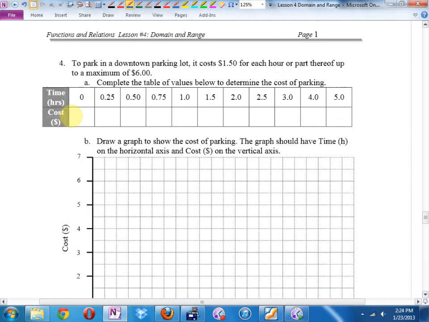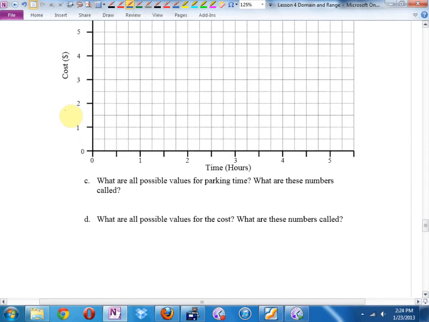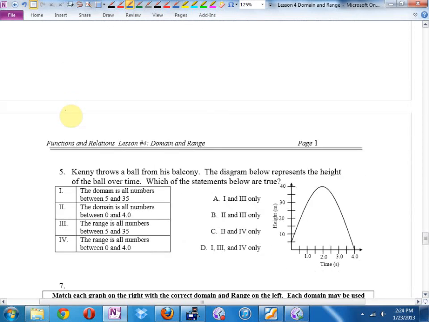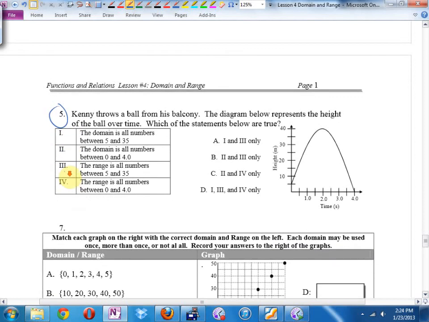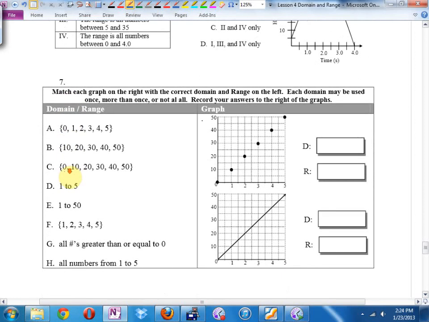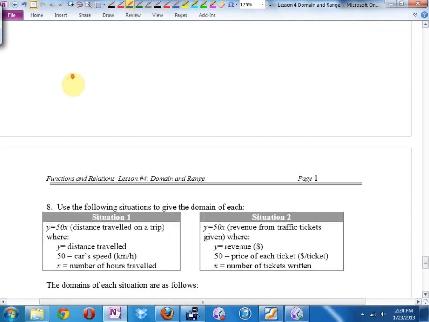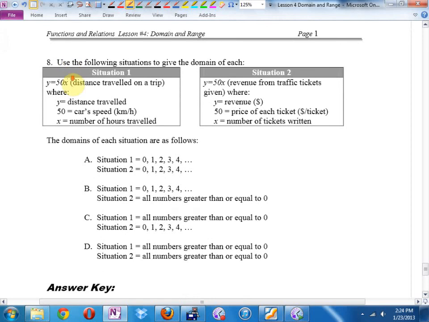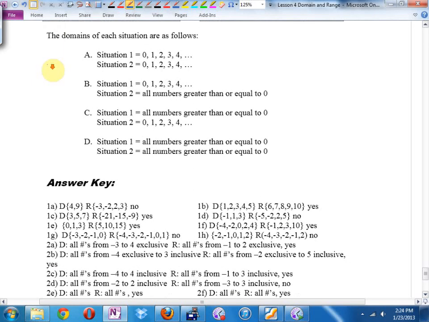I'm going to skip 4, I think. Number 5. Number 7. And number 8. Okay.